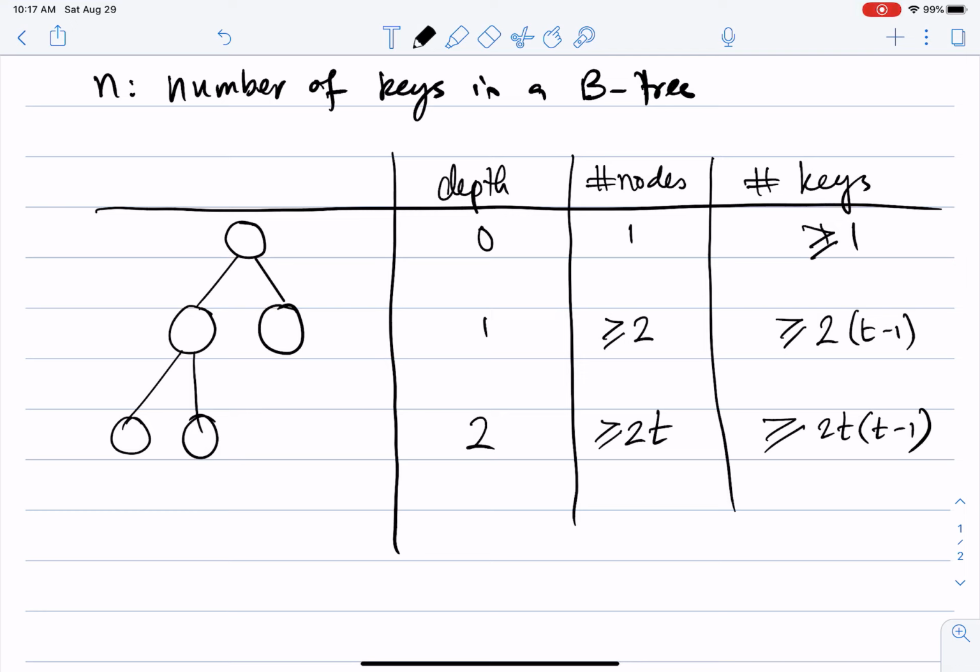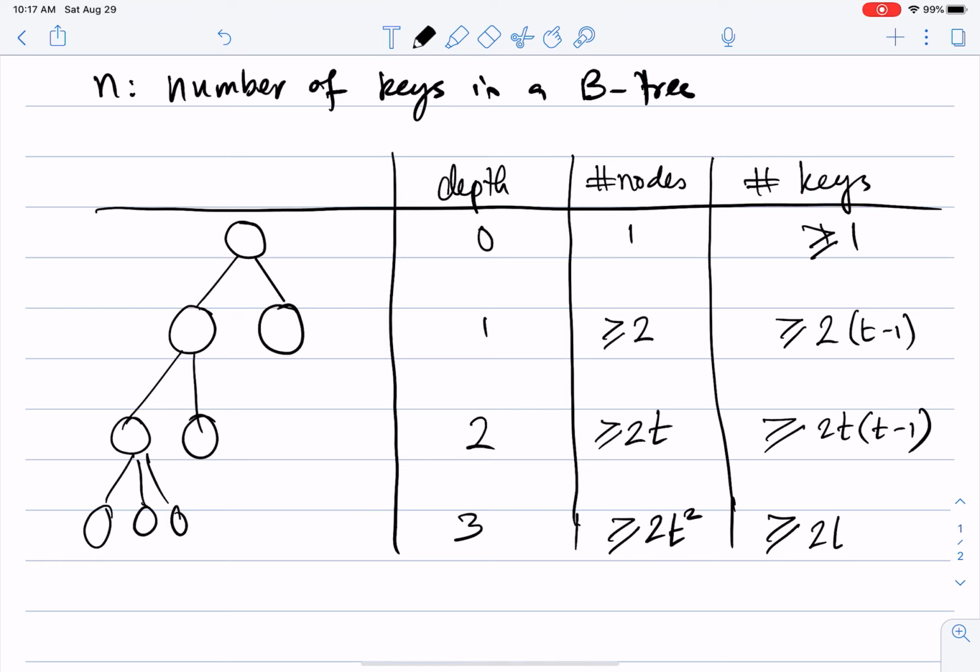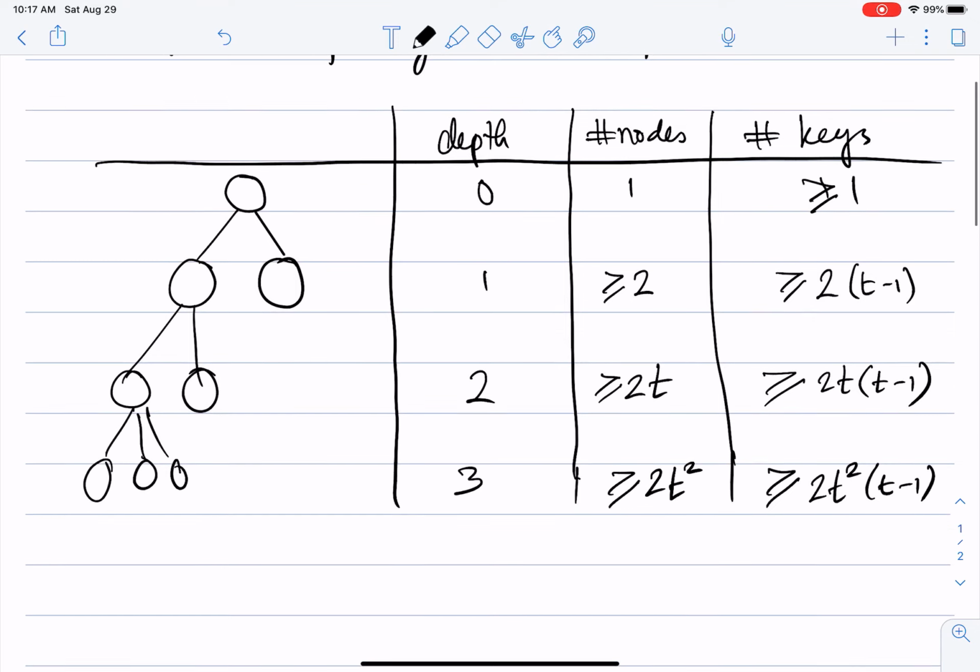Okay, and we can now repeat this for depth 3. Now we have at least 2t squared nodes, and each one of them has at least t minus 1 keys. So we have at least 2t squared times t minus 1 keys.